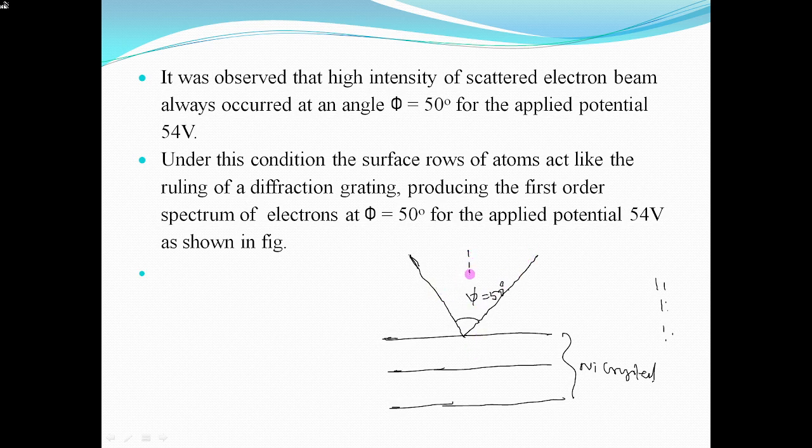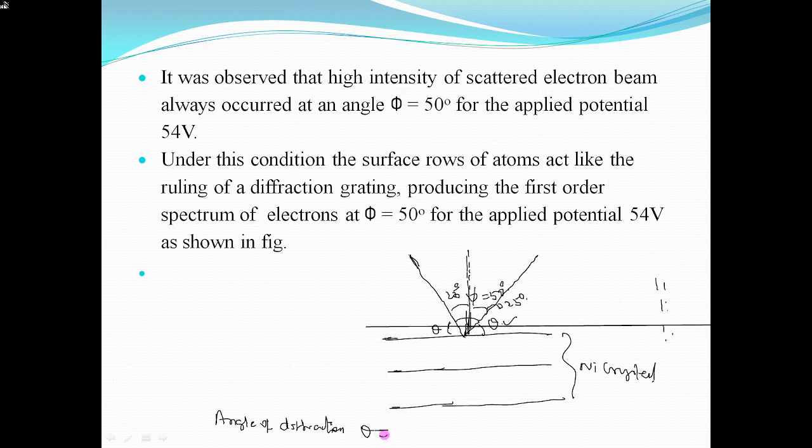Now if I make this half, this angle will be 25 degrees and this angle also will be 25 degrees. Which one is the angle of diffraction? This one is the angle of diffraction, theta.